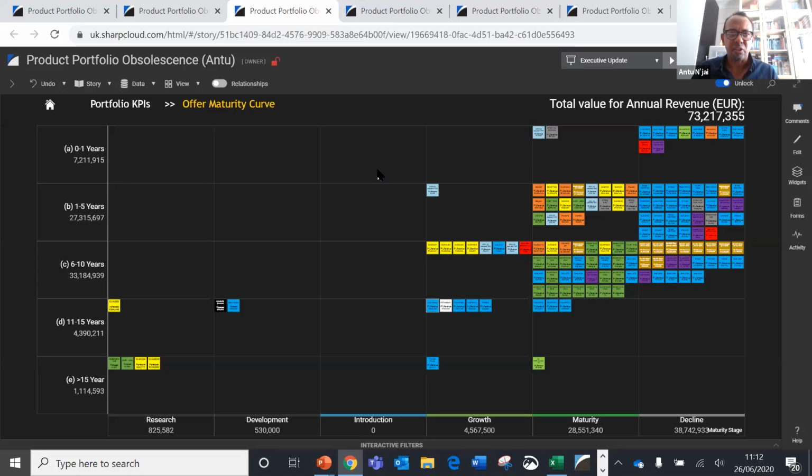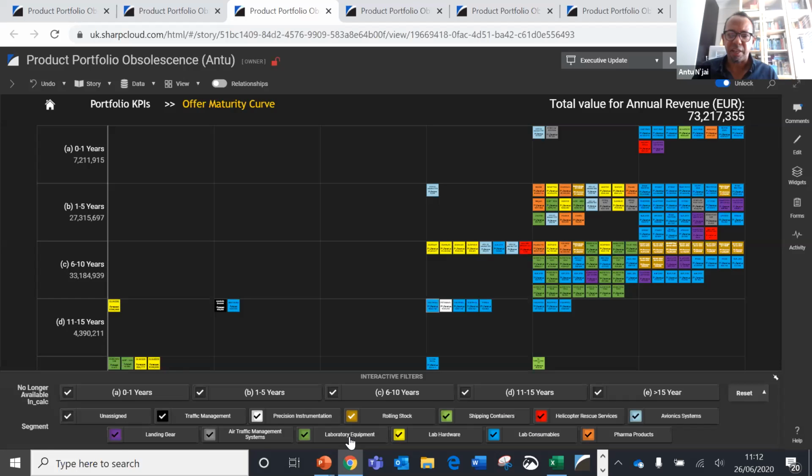Starkly, if we just read the margins here, within a year there's maybe £7 million, so 10% of the overall revenue, that could be lost as products go out of maturity or out of service. If we look further down, we can see that by 6 to 10 years we're actually losing probably 90% of that revenue.